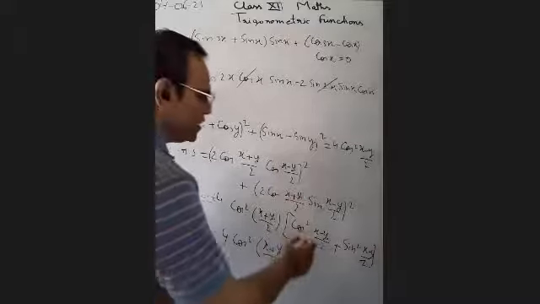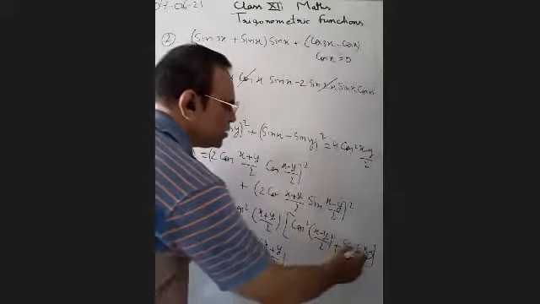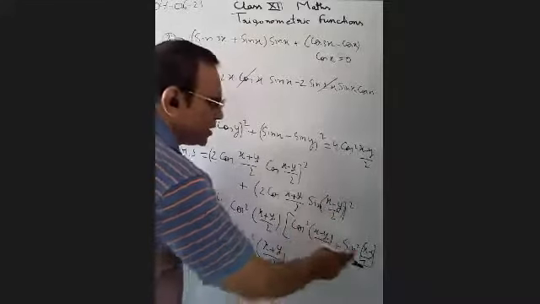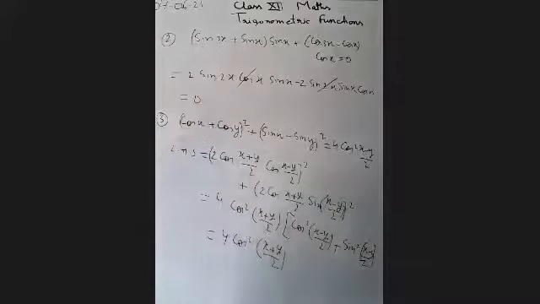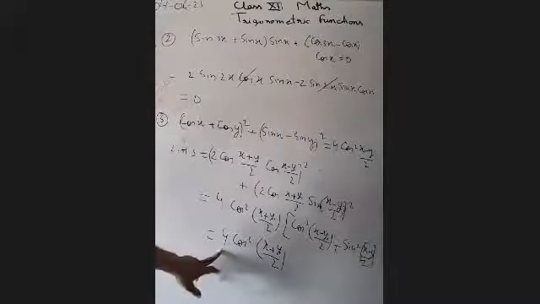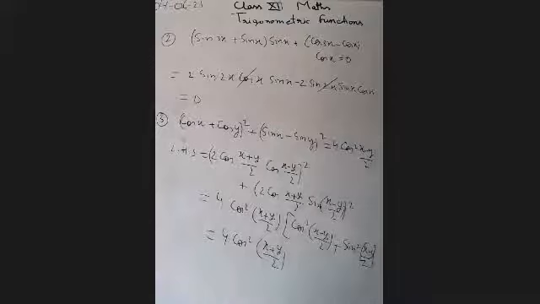Similarly the square of the other term. We know cos square theta plus sin square theta equal to 1, we have used this identity here. It is equal to 4 cos square x plus y upon 2, which is equal to the right hand side.